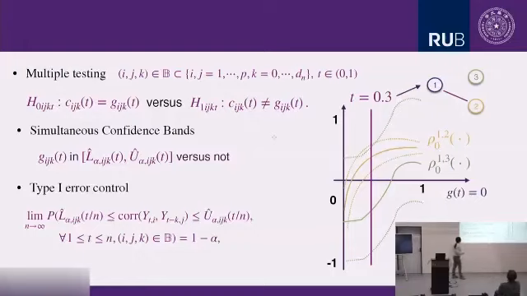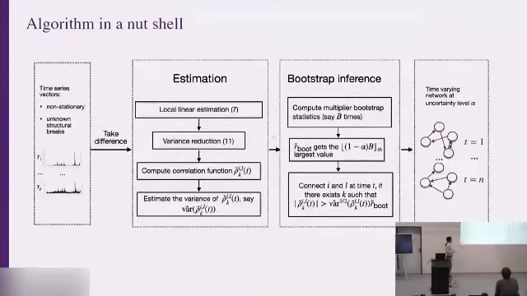Mathematically, we formulate this as a simultaneous inference problem, and we control over all t, all pairs of nodes and all the lags uniformly, so that the uncertainty in this inference is uniformly controlled.